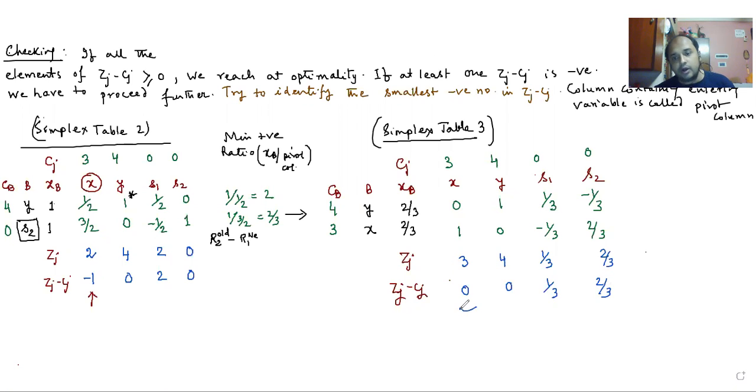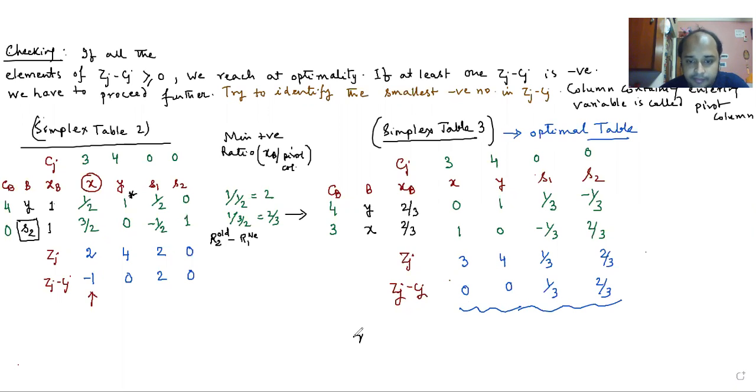Now you see all the elements present in Zj minus Cj are non-negative, and therefore simplex table 3 is my optimal table. Interesting to note that in simplex table 3, we have got the values of the variables.